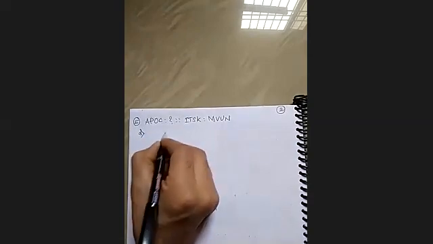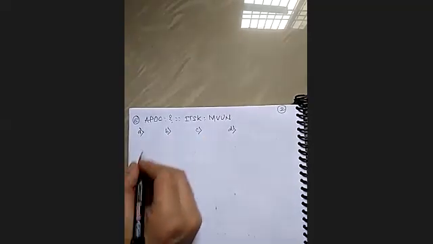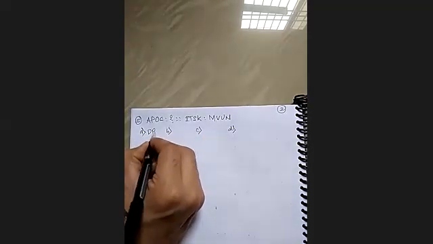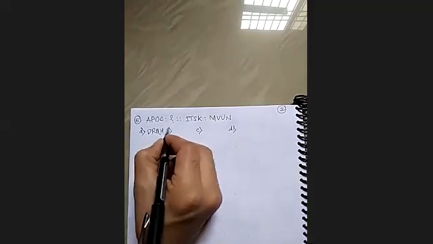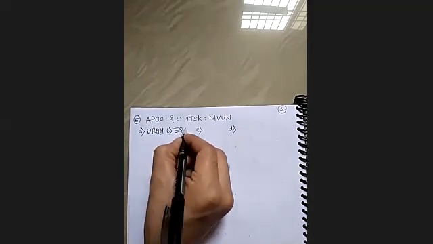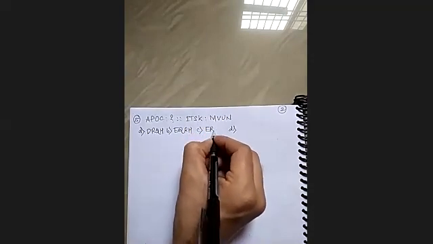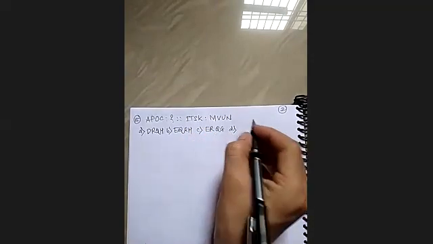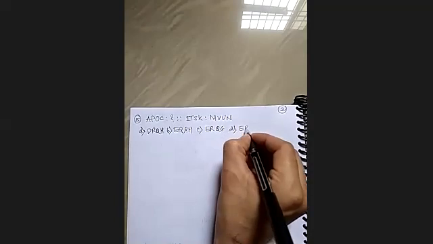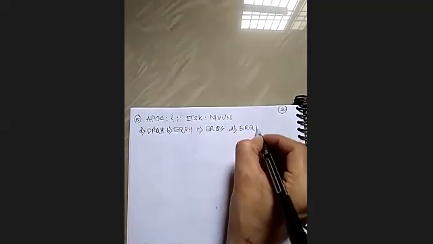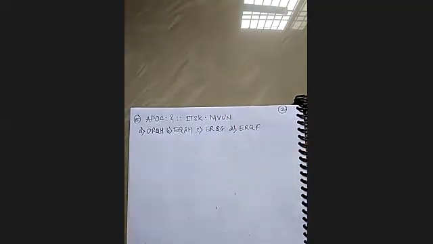Options are A, B, C, D. So A is DRQH, EQRH, ERQG, and ERQF. Now see, three options are having the common letters E, Q, R.